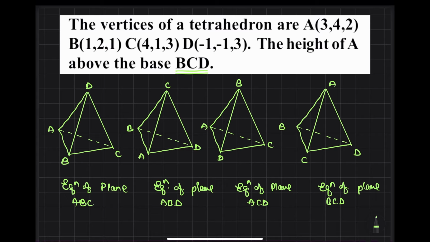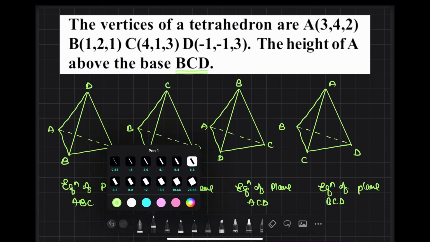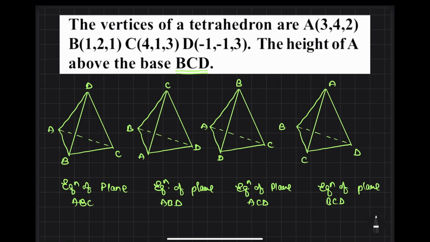So look at this. If you have 3 points, how will you find the equation of a plane? You know that point A is (3, 4, 2), point B is (1, 2, 1), point C is (4, 1, 3), and point D is (-1, -1, 3).